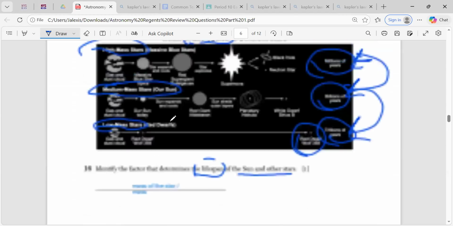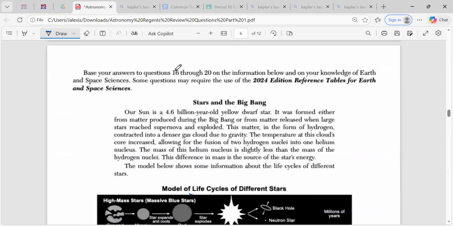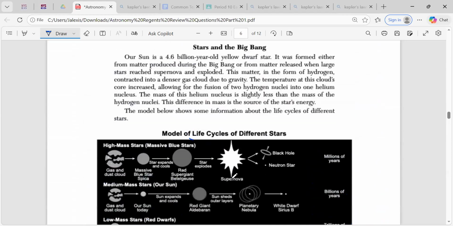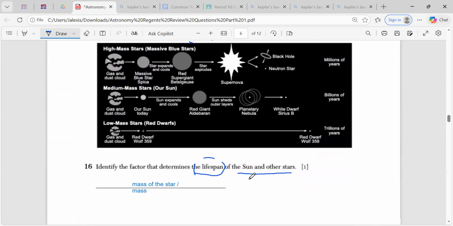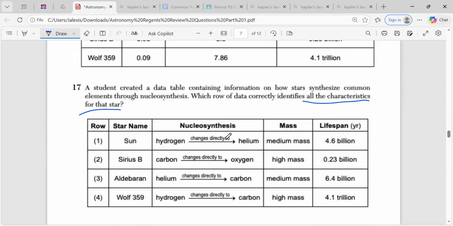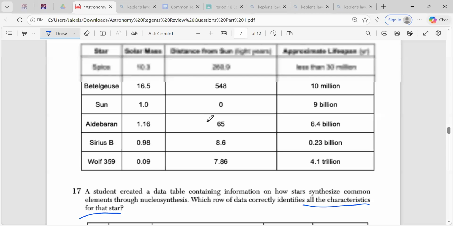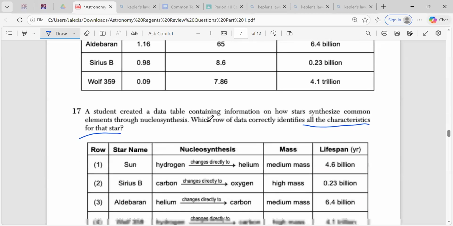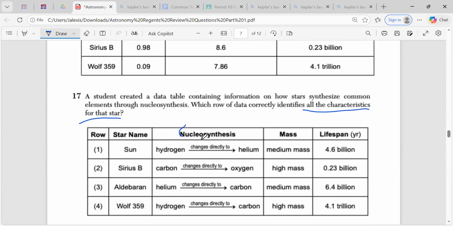Now, keep in mind, for this cluster question, it's 16 through 20, and that means we can use all the information, reading diagrams, even from different questions within that cluster that can help us. All right. So when I'm looking at these characteristics, I don't see anything yet that can fully relate to nucleosynthesis, but I do see star name.